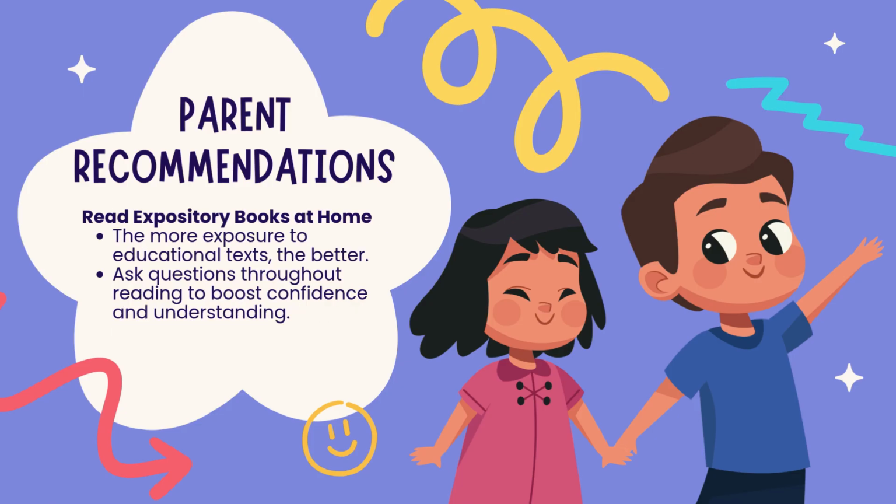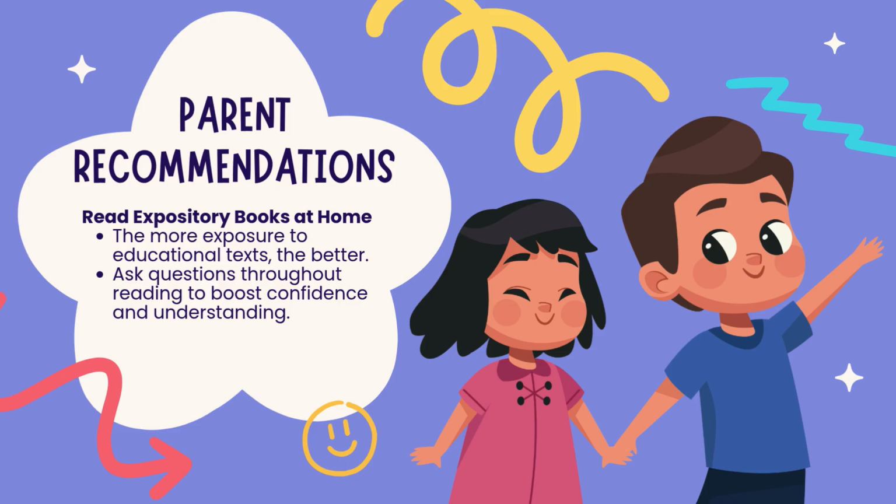The second thing is to read expository books at home. I think so often students connect expository text or these educational texts to school. And so what that leads to is school is not a place that's super exciting for a lot of our students. So when we just give them these texts in a not exciting place, their connection with the text is negative.